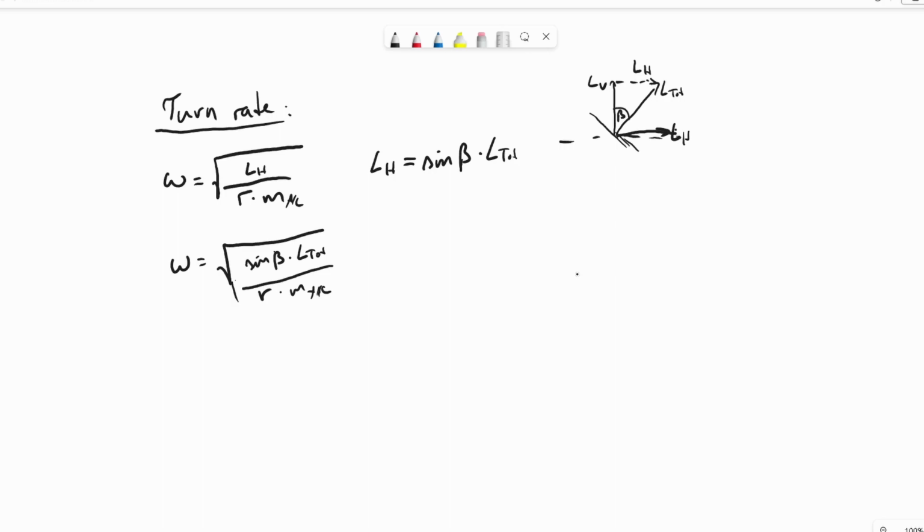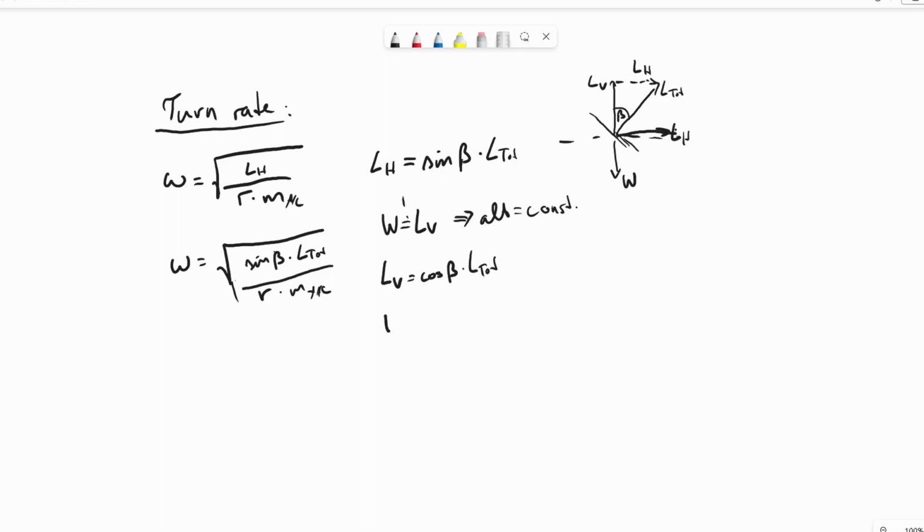Alright, so next up, we also know the following. The weight pulling on the aircraft is equivalent to our vertical lift component because we want to have a constant altitude, because we want to be energy neutral. Alright, so our vertical lift component is cosine beta times L tot.